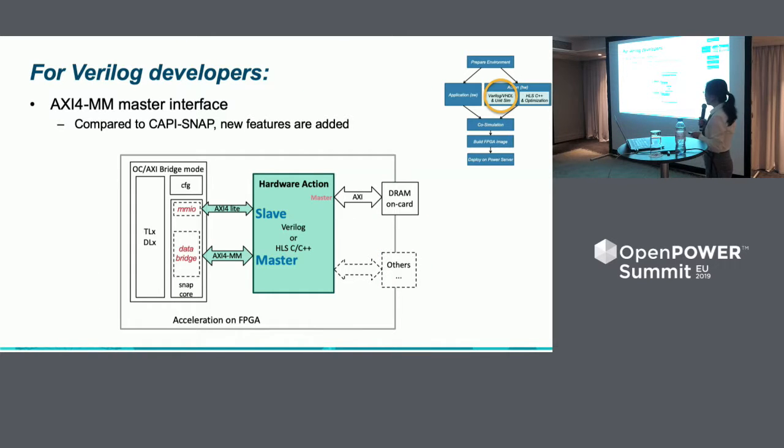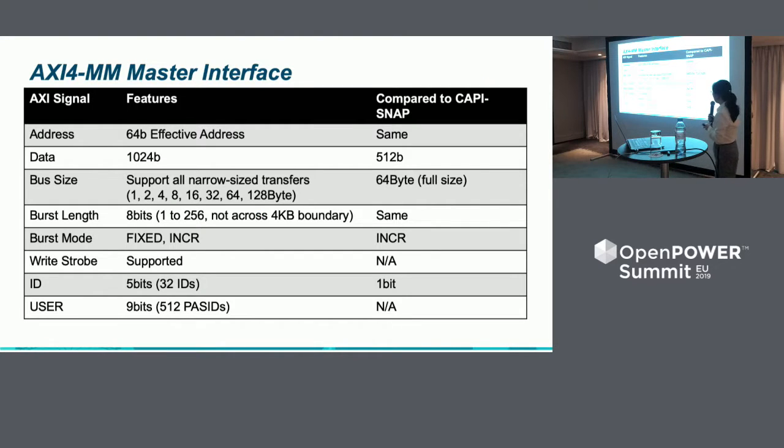For Verilog developers, I'd like to introduce a little more about the AXI memory-mapped interface. The register configuration interface is almost the same, with no change compared to SNAP2. But for the data interface, we have supported more features. The biggest change you should be aware of, especially for people who have worked on CAPI SNAP, is that we have changed the data width from 512 bits to 1024 bits.